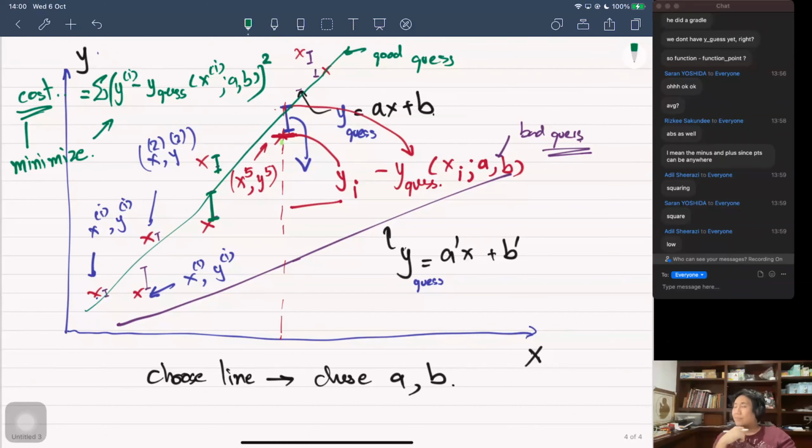When we say minimize, right, it typically means you compare it among a whole bunch of other things. So the question is, what's the difference among them that you want to compare? So that means what can you adjust when you try to minimize this?